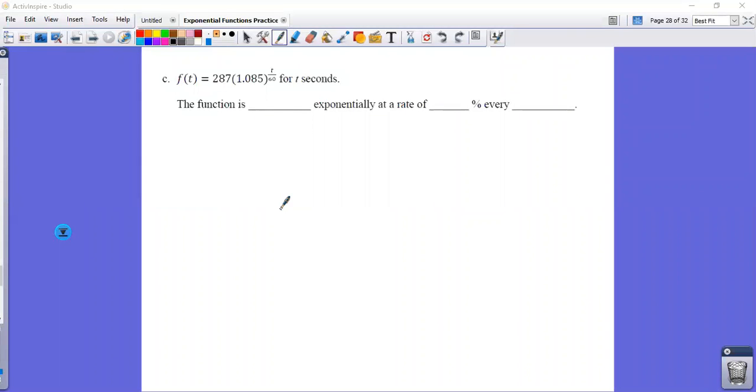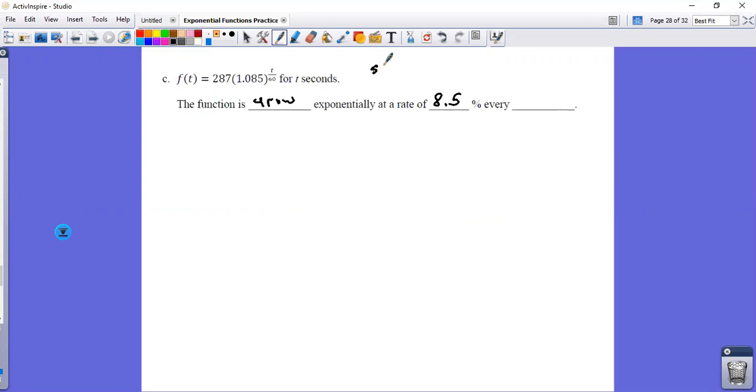So when, like I said, when it is divide, you can multiply. So this is growth, right? When you subtract the 1, you would get 8.5%.